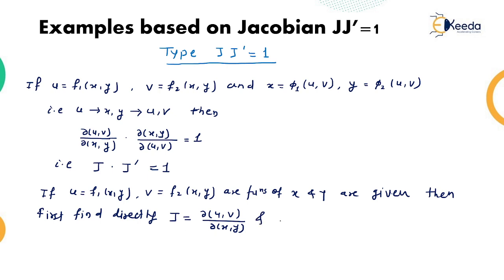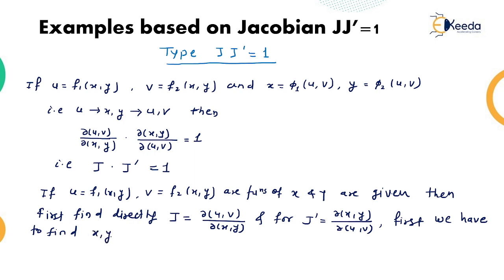And for J dash, that is the partial derivative of x, y upon u, v. J dash is the reciprocal of J. Here x and y are functions of u and v, right?